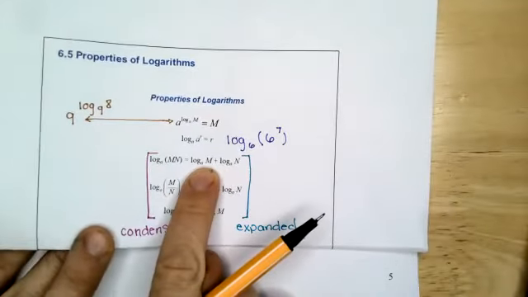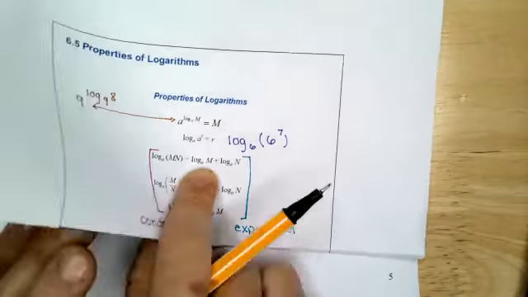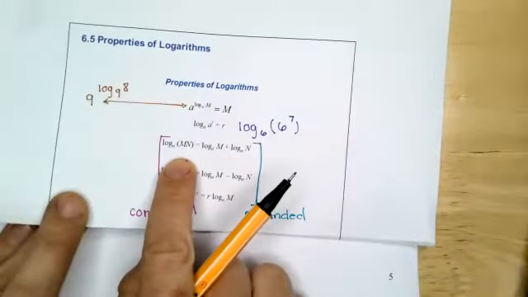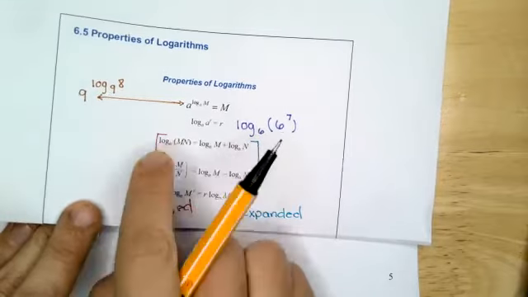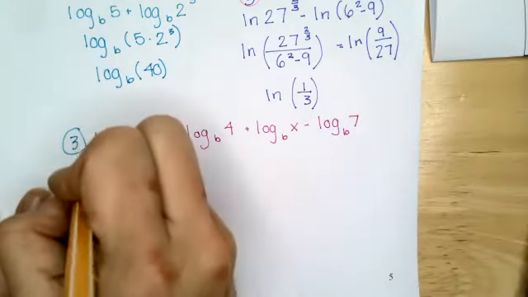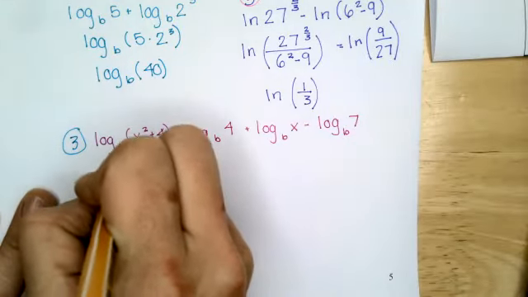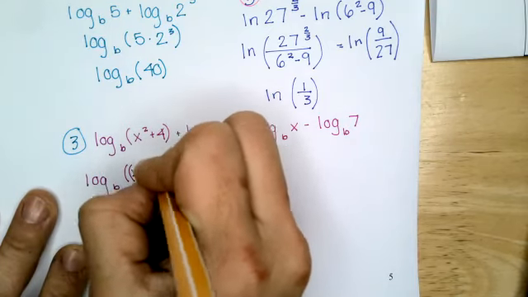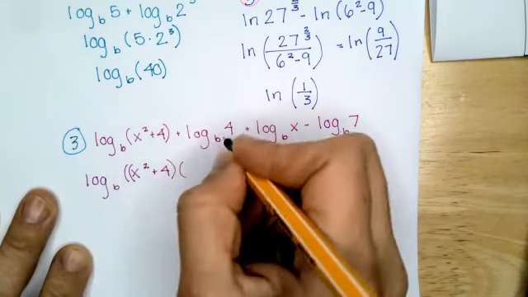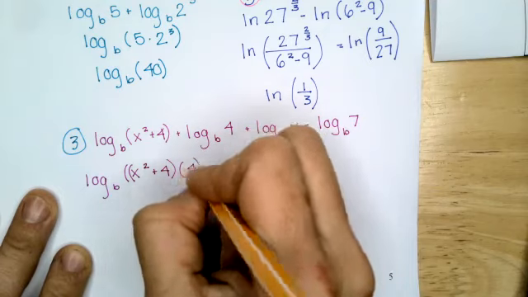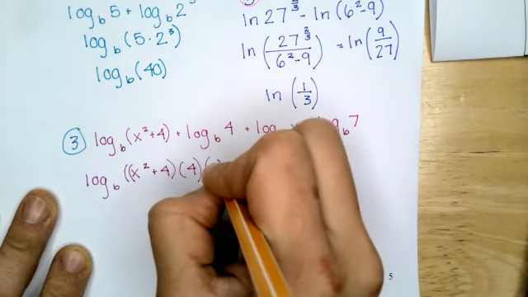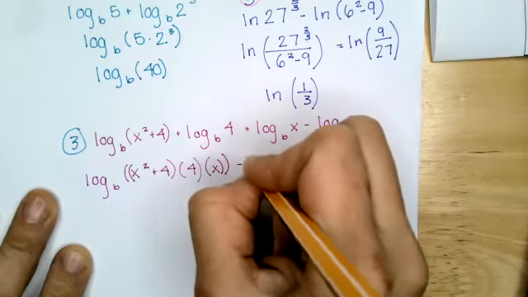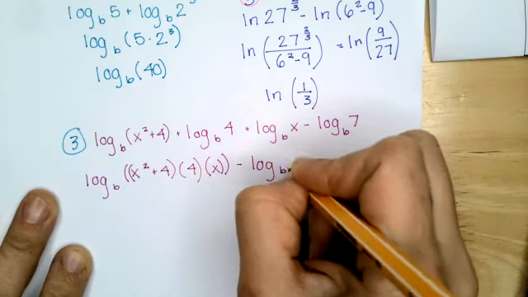So I'm going to use this rule first. When I'm combining them and they have the same base, log base b, I can put them all in one log and multiply them. So that is now log base b of x squared plus 4 times 4 times x minus log base b of 7.